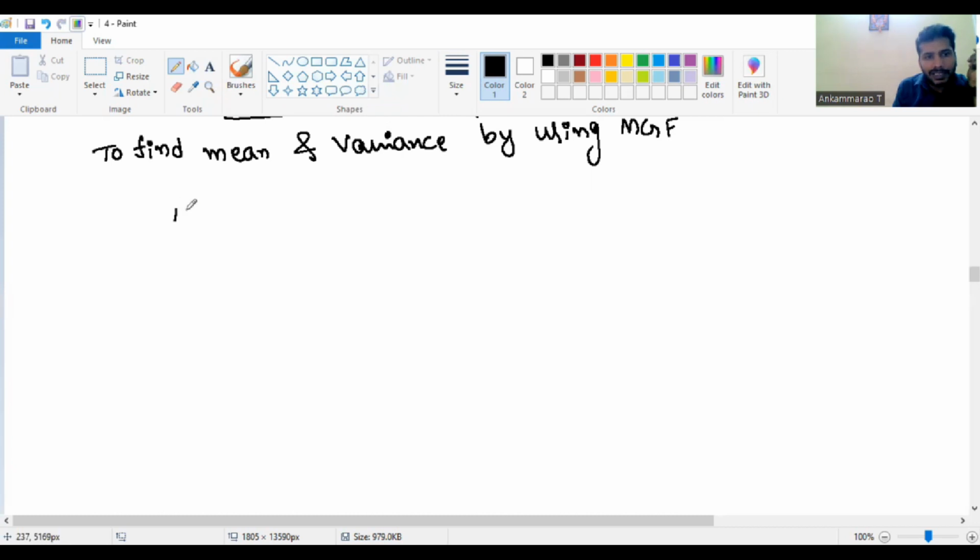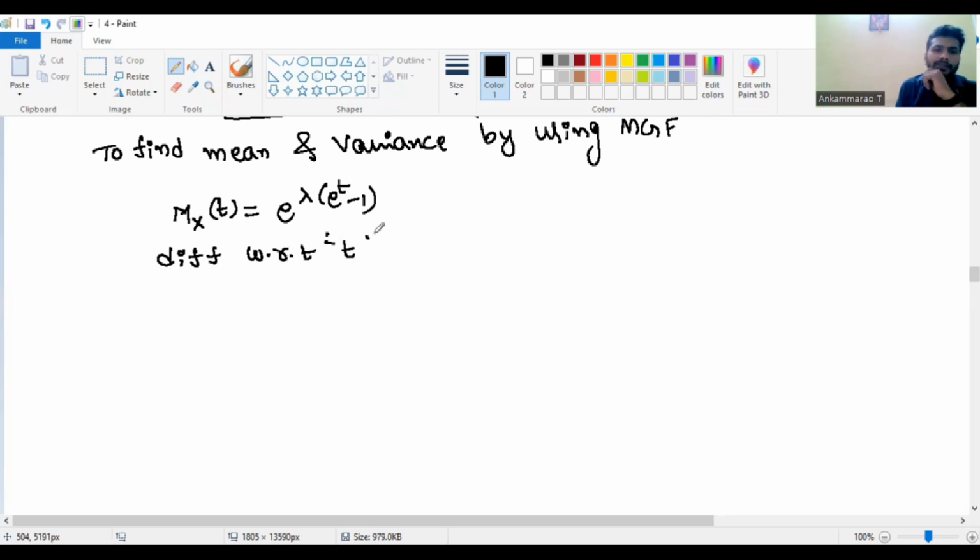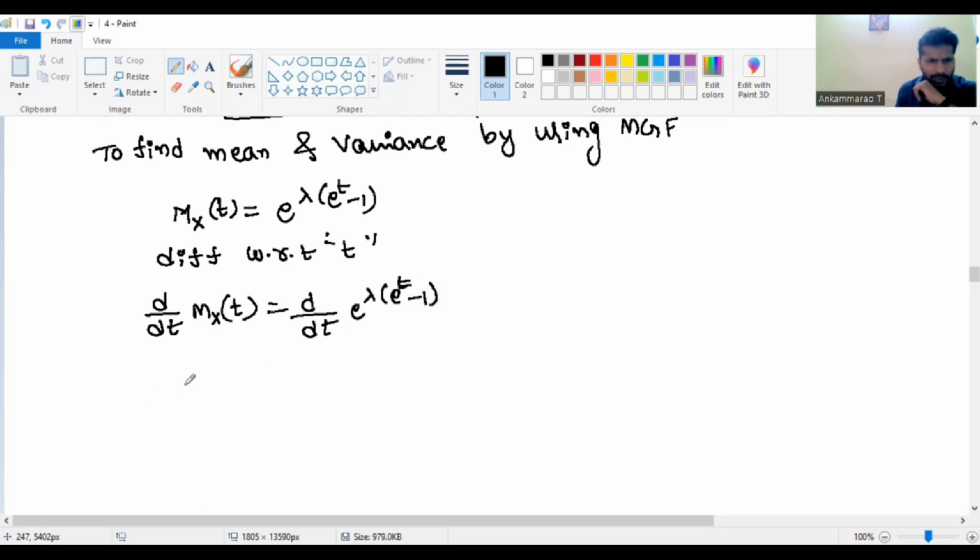So M_X(t) equals e power lambda into e power t minus 1. Differentiate with respect to t: d by dt of M_X(t) equals d by dt of e power lambda into e power t minus 1, written as M_X dash of t.